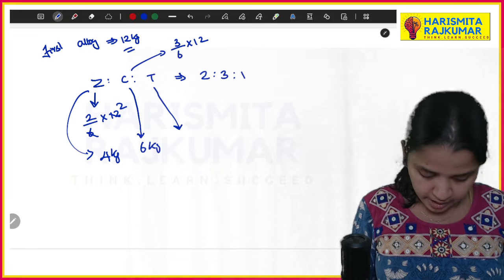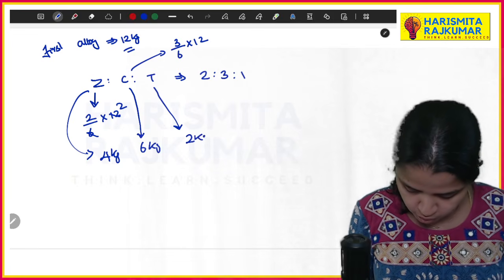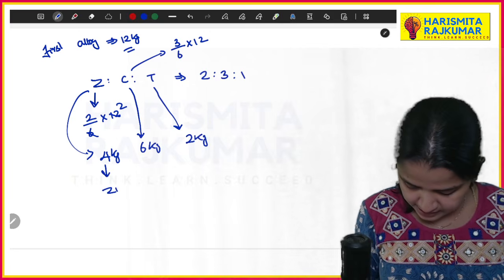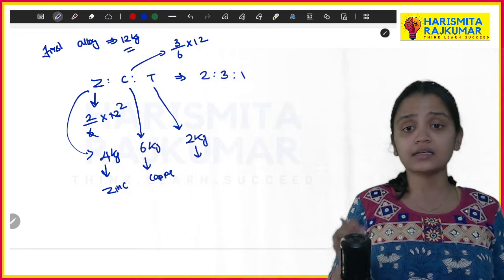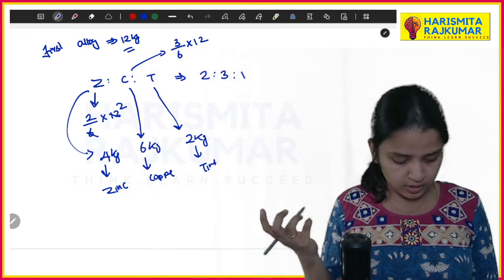For one part I get 2 kg. So this is your zinc, this is your copper and this is your tin.